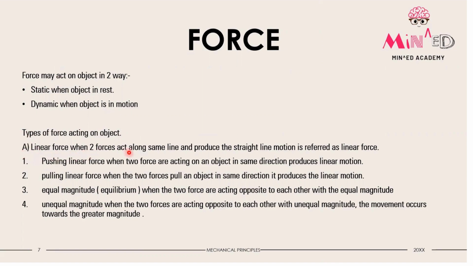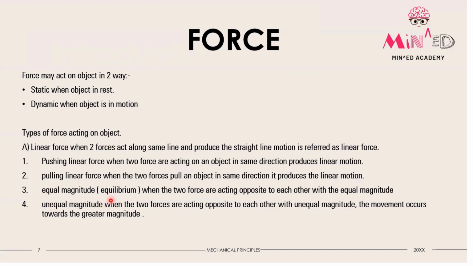When two forces act along the same line and produce straight line motion, it is called linear force. So when the force produces motion in a straight line, it's called linear force. Example, pushing, when two forces are acting on an object in the same direction. Then pulling, like when we push a door or pull a door.